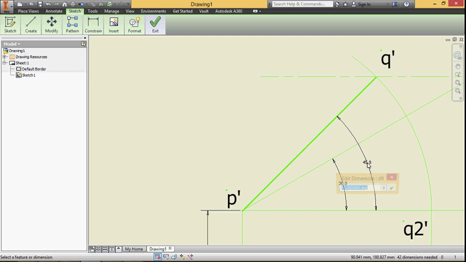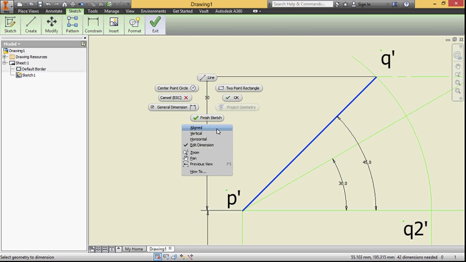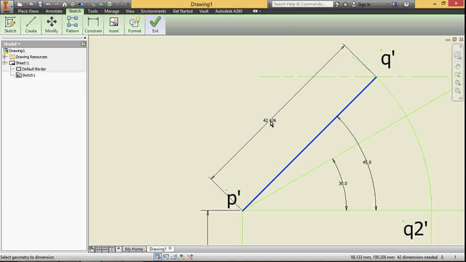So the value of alpha is 45 degree, and find the length of the front view. So the length of the front view is 42.426 millimeter.